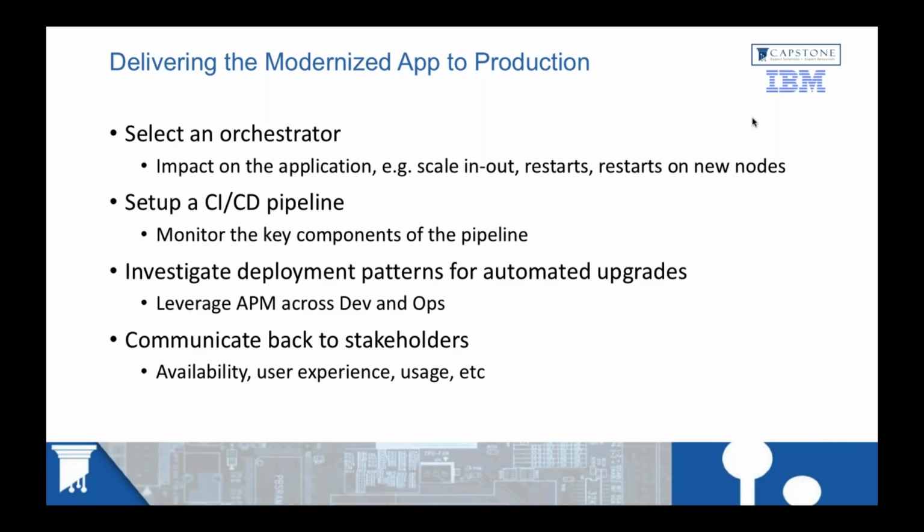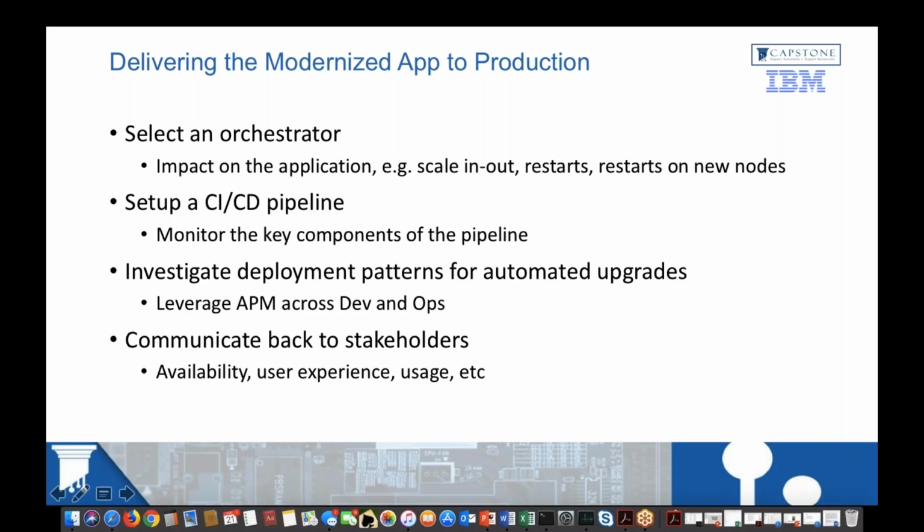Yeah, and so part of what you're looking at in terms of modernizing an application is to get some of these capabilities that you're looking for, especially scalability, availability, and so on. It's looking at what you are going to use for orchestration. If you're in the container world, you're talking about things like Docker Swarm, or you're talking about Kubernetes. If you're in a VM or mixed world, you might be talking about some vSphere services, or you may be talking about something like HashiCorp's Nomad in order to scale up and scale out services or restart services and so on.